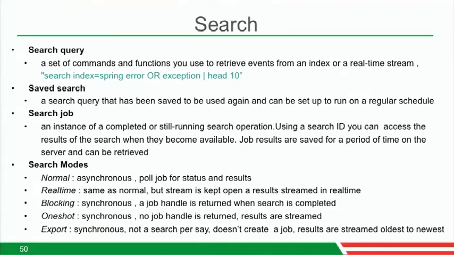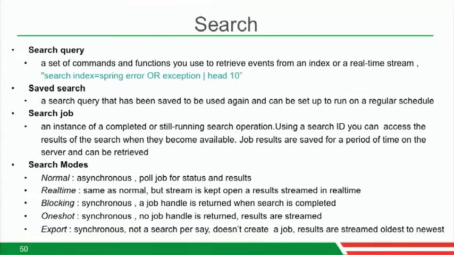So a search job, again, is just an instance of a search operation. You can think of it as being analogous to a MapReduce job. When the Splunk search language submits a search job under the hood, you get a search ID handle, which you can then use to query the status of that job as you require it.